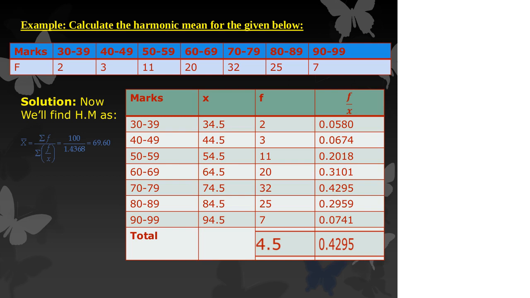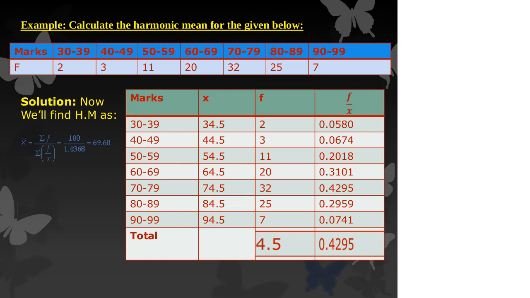So from our formula, we said that the mean is given by summation of FM, you divide by the number of observations.